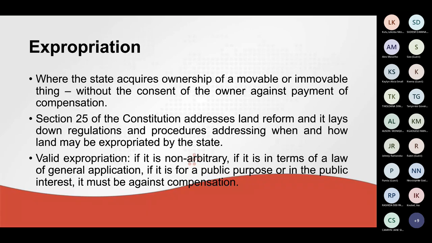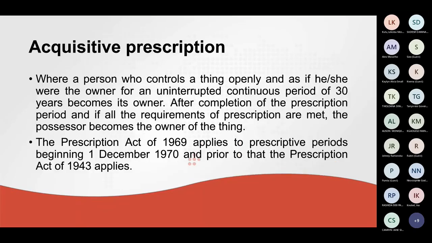An expropriation would be regarded as valid if it is non-arbitrary, if it is in terms of a law of general application, if it is for a public purpose or in the public interest, and furthermore, it must be against compensation.